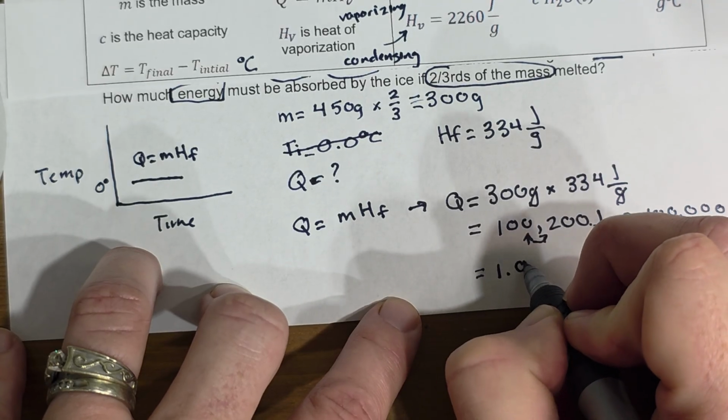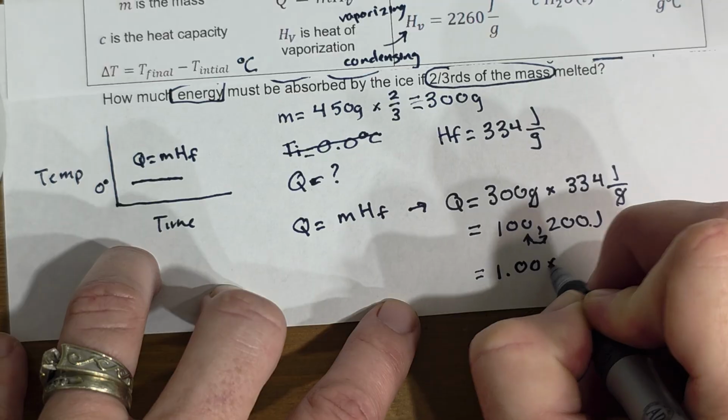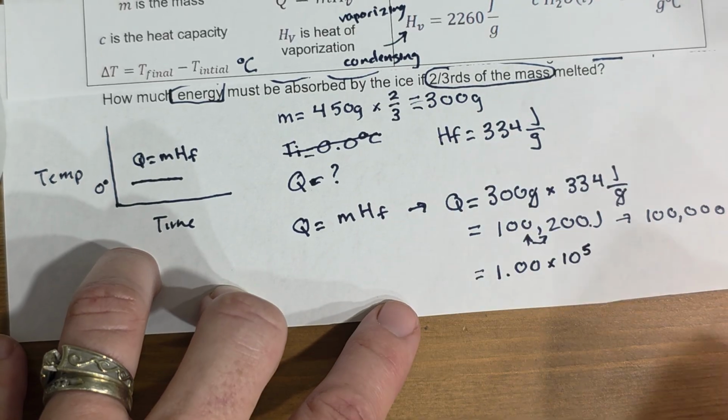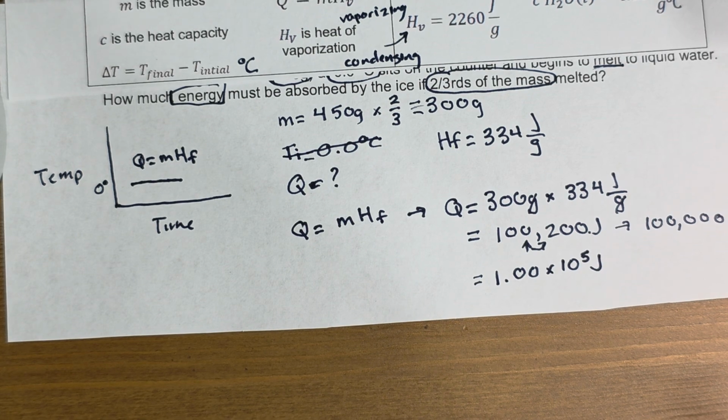And I'm going to put 0, 0 here to show that these zeros are significant. And I moved it to the 5th position. There we go. 1.00 times 10 to the 5th joules of energy must have been absorbed by the ice.